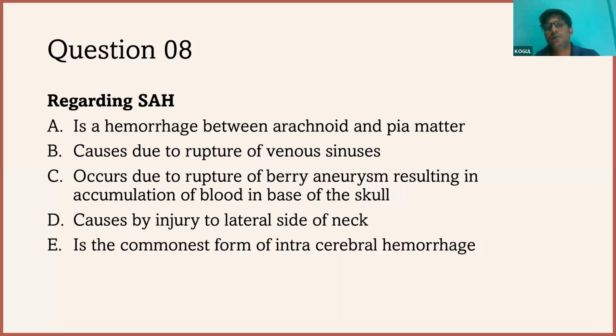That is the area, no? Subarachnoid, that is true. Caused due to rupture of venous sinus. The venous sinus SAH. What's your answer, true or false? Now you tell the answer. SAH is caused due to rupture of venous sinus. Anyone able to answer this question, true or false?